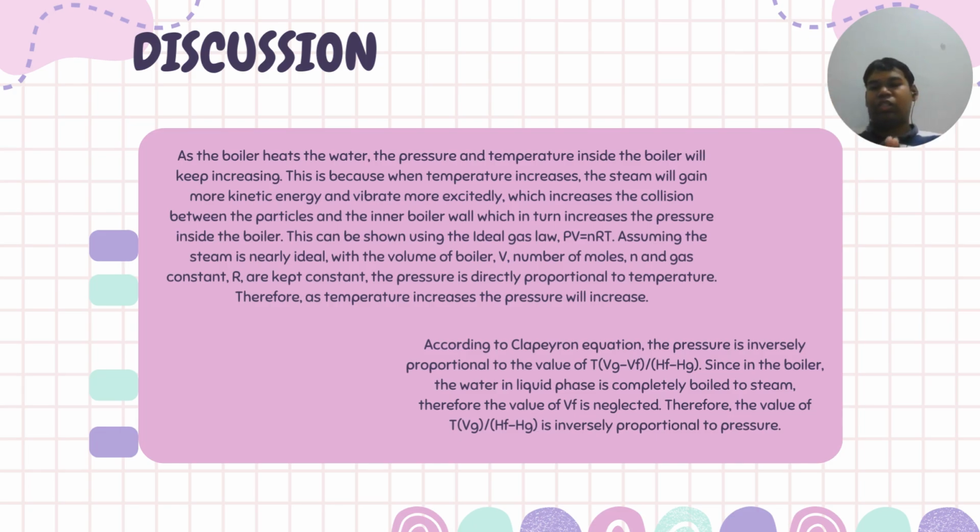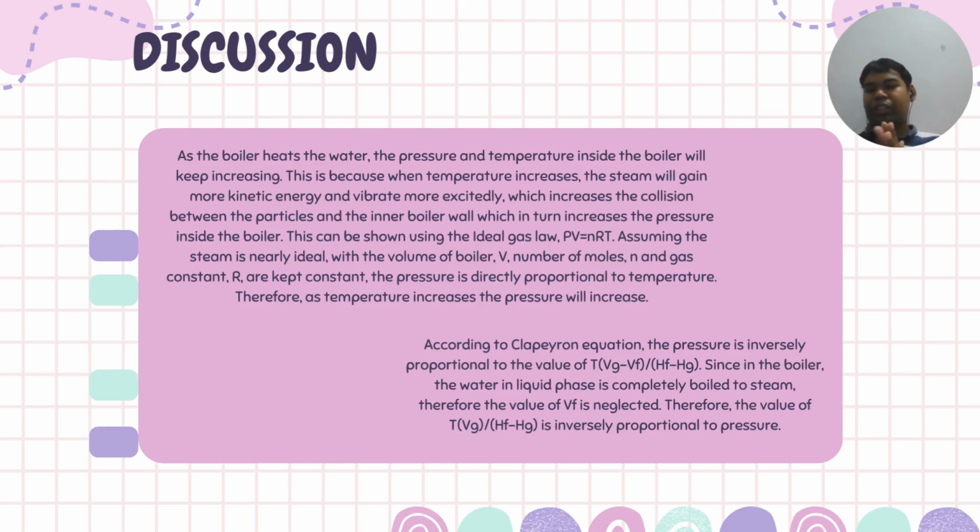This can be shown using the ideal gas law, PV equals nRT, assuming the steam is nearly ideal, with the volume of the boiler, the number of moles of water inside the boiler, and the gas constant R constant, the pressure is directly proportional to the temperature. Therefore, as the temperature increases, the pressure will increase.